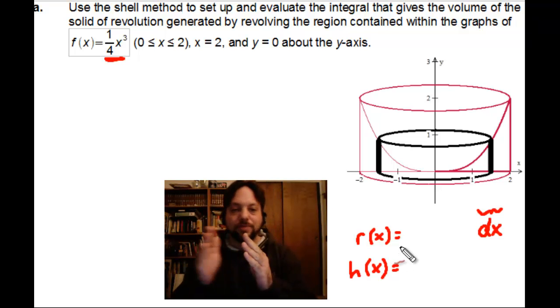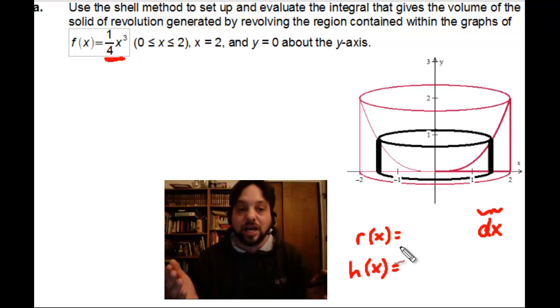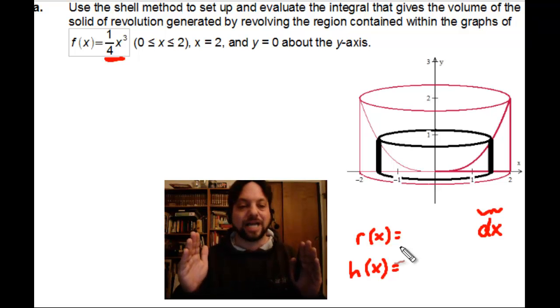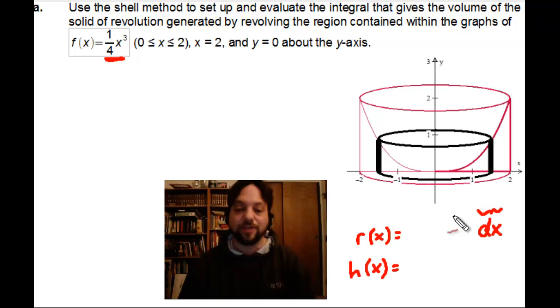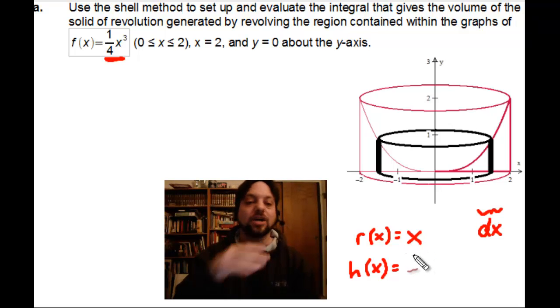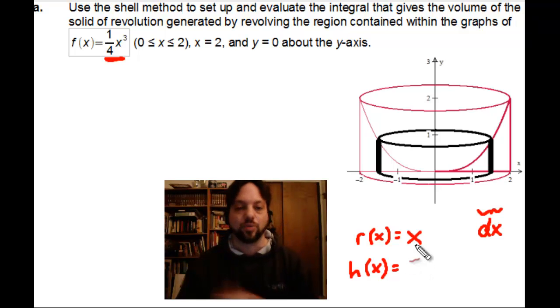And going out from there, we're going to go out 2 units on the x. Once I'm at the beginning where x is 0, there's a radius of 0. And once I'm on the very outside shell, at x equals 2, that has a radius of 2. In fact, the radius for this is just the function x. And that will always be the case so long as we're revolving around the x or y axis. So long as we're doing that, the radius will just be x or y.